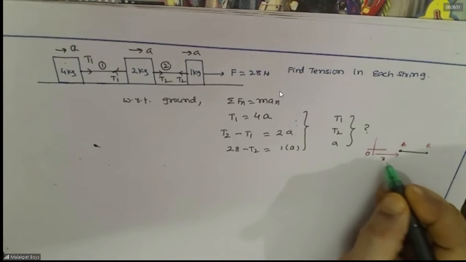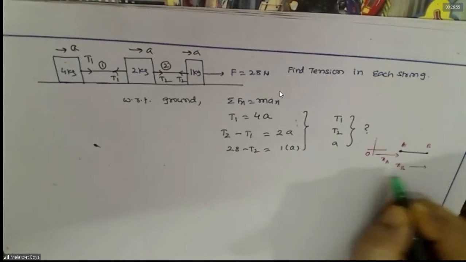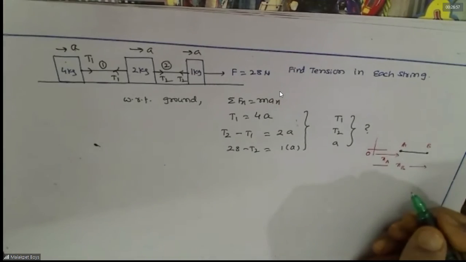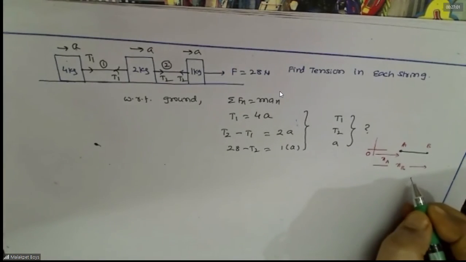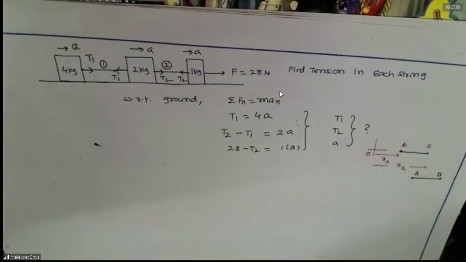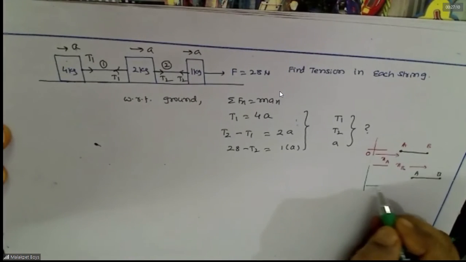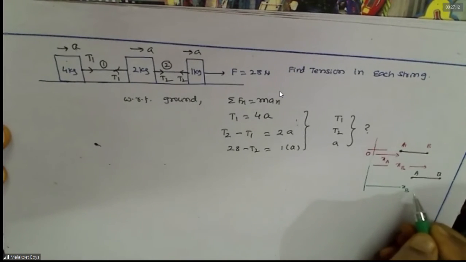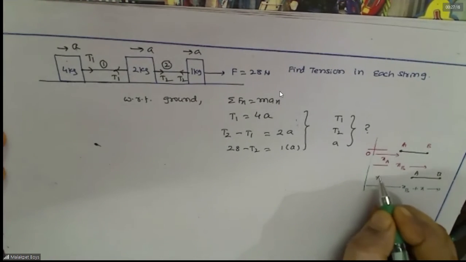This is XA, this is XB. Now you can see that if this B moves by some distance, then observe carefully, this must also move.